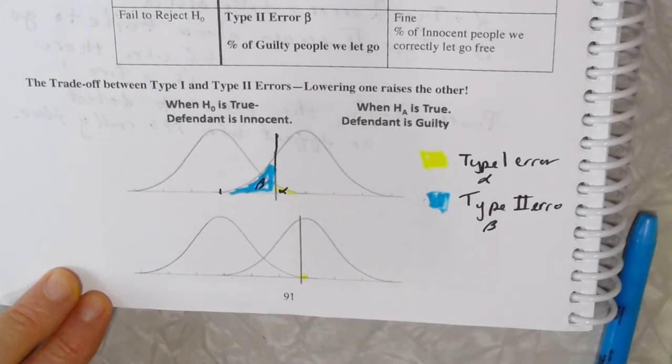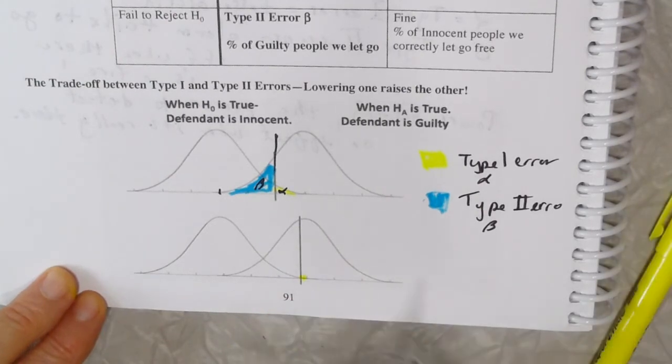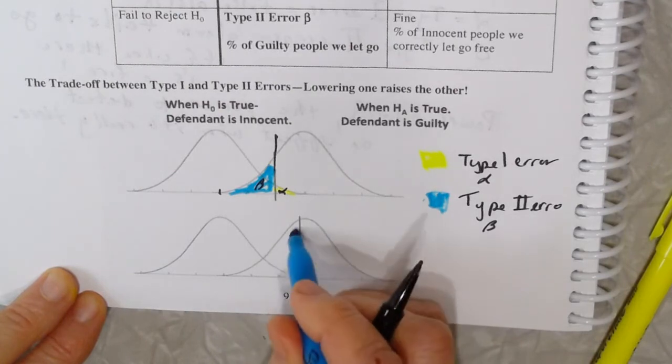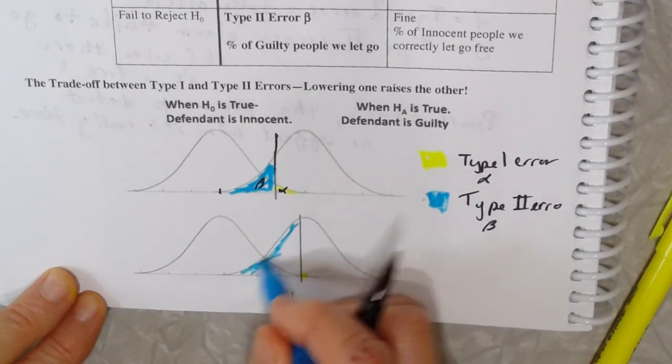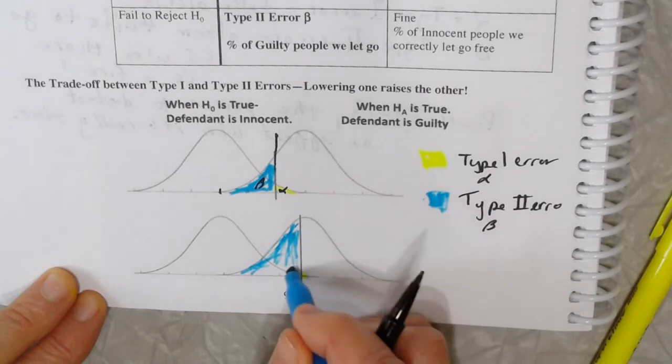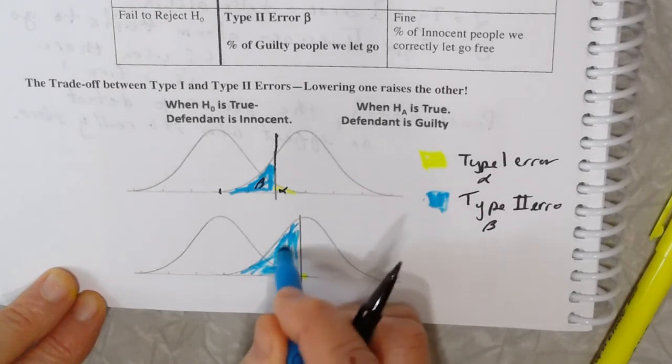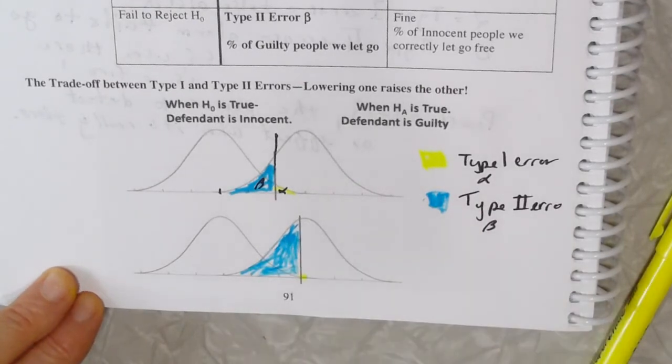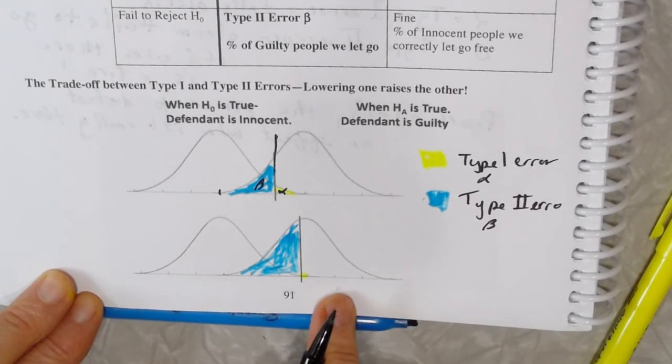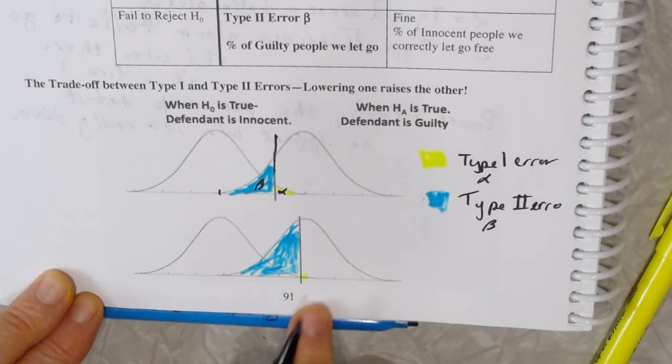Look what happens to the other type of error. To the type 2, you're going to let a whole lot of guilty people off. So there's a trade-off between the two. That's what we're saying, and you have to consider the consequences of each.